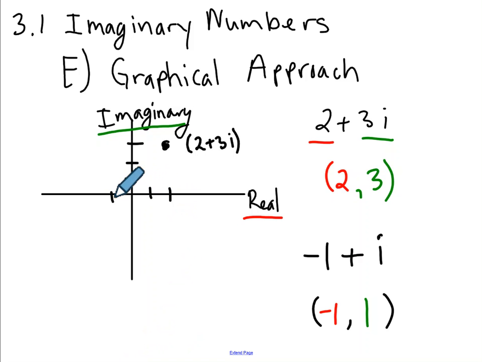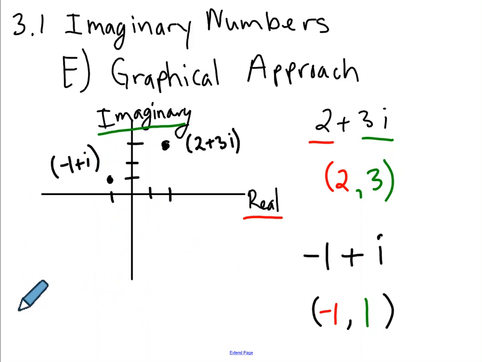So that's going to go at negative 1, 1. And this would be the number negative 1 plus i. That is a geometric definition of the imaginary numbers.